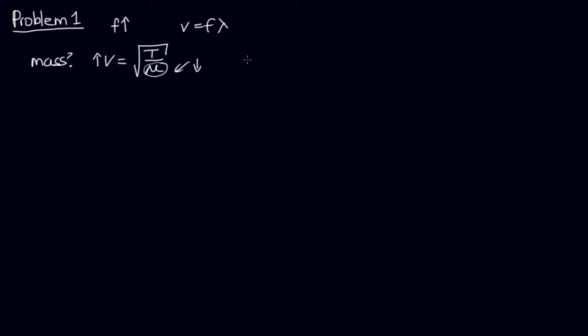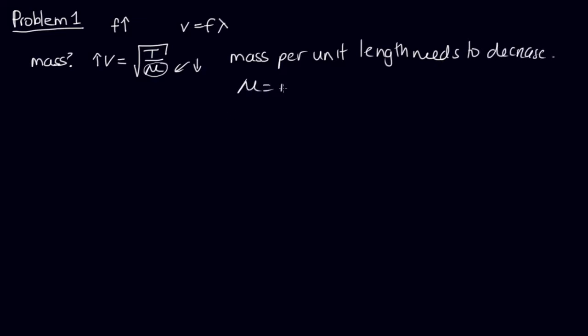So the mass per unit length needs to decrease. So μ is equal to the mass over the length. So if we want this to go down, then the mass needs to go down. So to have the pitch increase, we need the mass to decrease.